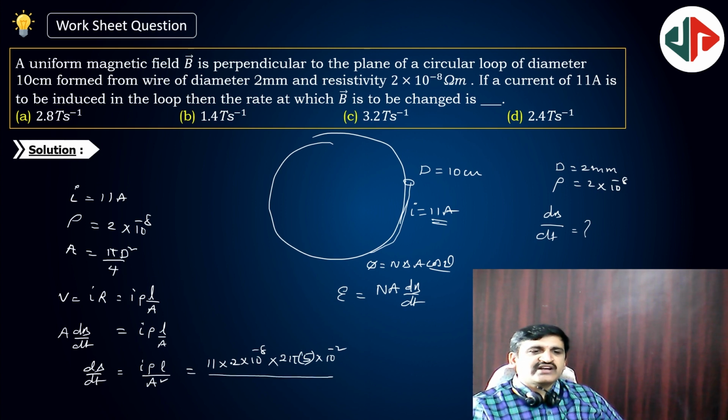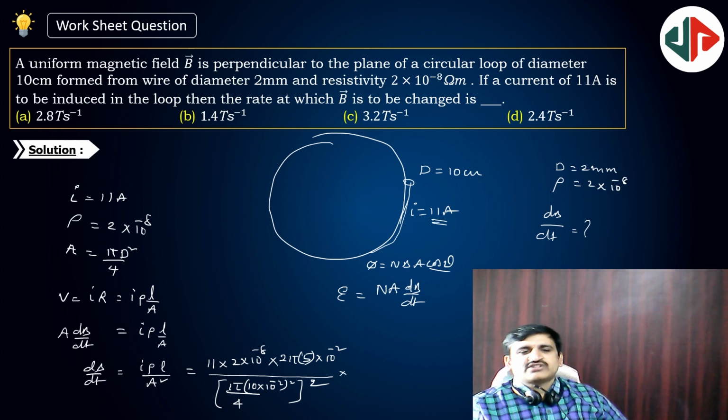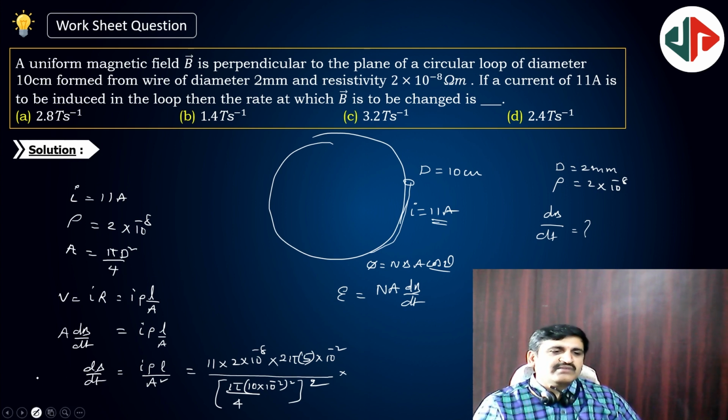A is pi by 4 d square, diameter 10 centimeter, 10 into 10 to the power of minus 2 square, and this is power 4, because A square is there. So it should be simplified. Then you can have dB by dt.